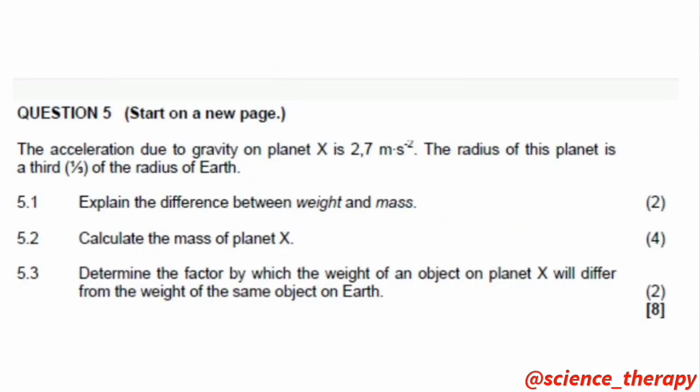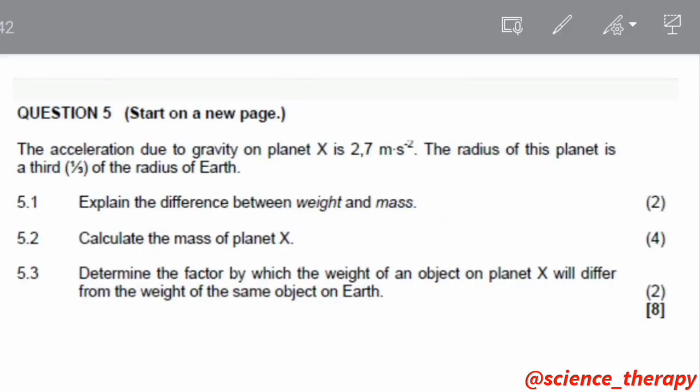Awesome. Then let's move along to another one. Question 5 again says the acceleration due to gravity on planet X is 2.7 meters per second squared. The radius of this planet is 1/3 of the radius of Earth.